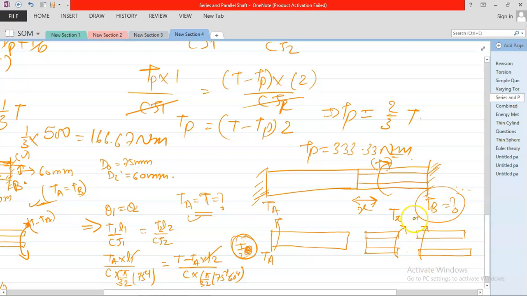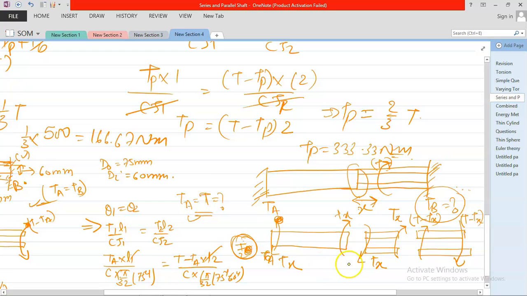Now an opposite torque Ta will come here. Suppose this is a distance x, so take that distance x, Tx torque here. So here it will be T minus Tx torque.